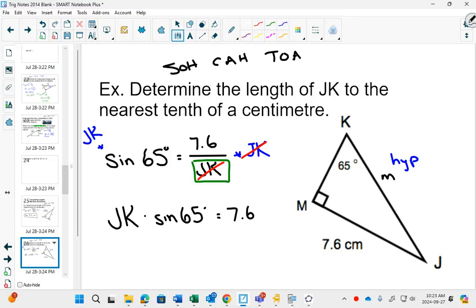We still want to get this JK by itself. Now at least it's at the top of a fraction. But it's multiplied by sine of 65. So we can divide both sides by sine of 65.